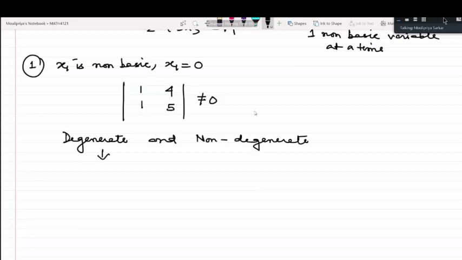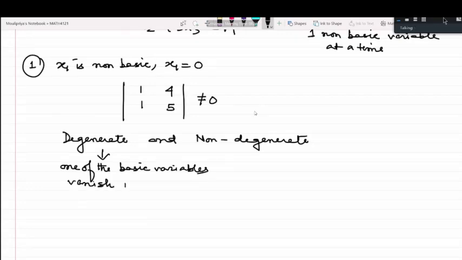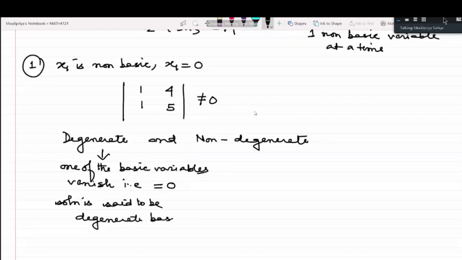If it so happens that one of the basic variables vanishes, that is becomes equal to 0, the solution is said to be a degenerate basic solution.